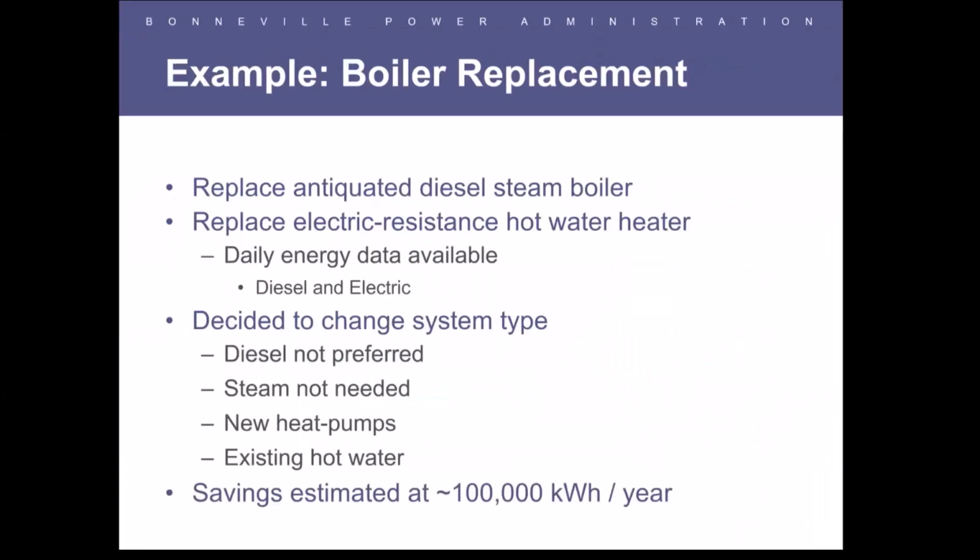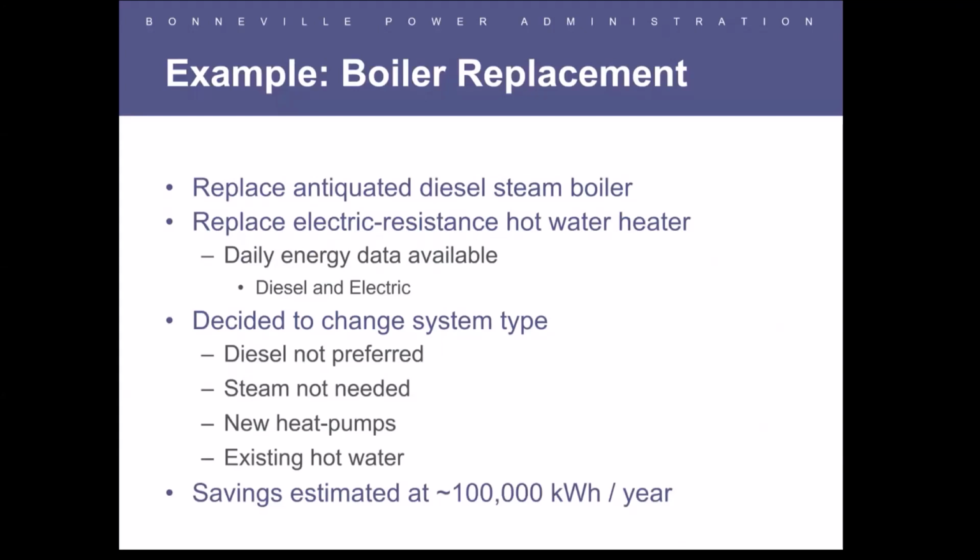So we do have an example, and this example is in the selection guide. It's an example boiler replacement. And this is an antiquated diesel steam boiler that is being selected to be replaced with an electric system.